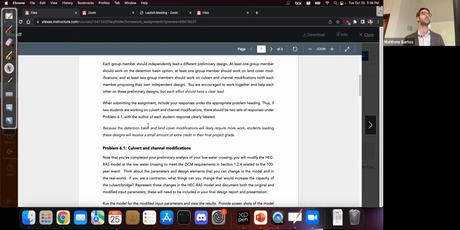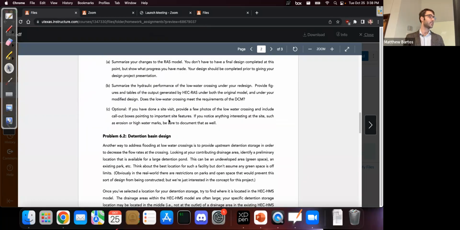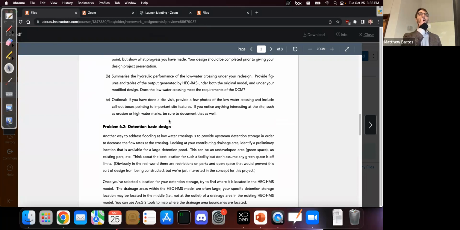Yes. Not quite sure I understand. So, we have to have 2 independent culvert and channel modifications, but then say someone else does 6.2, is that allowed to be shared between the group? Or will that be completely independent? Sorry, to what extent are we allowed to work together?